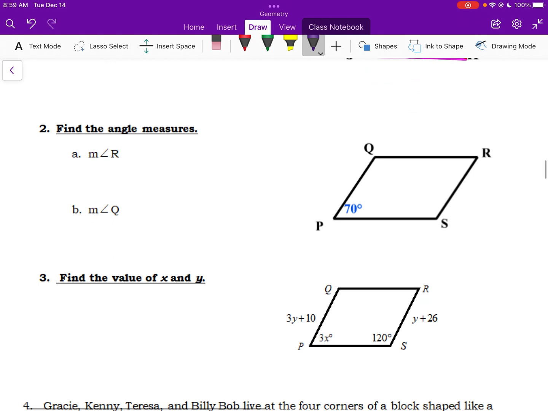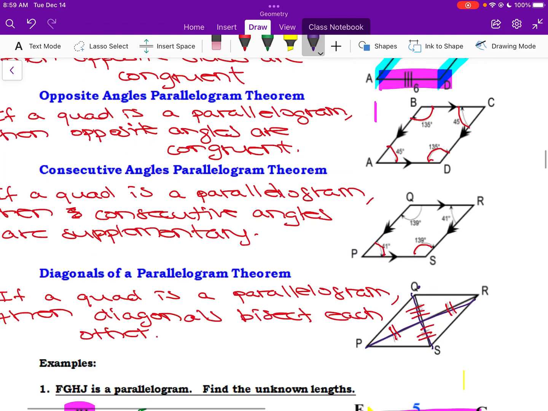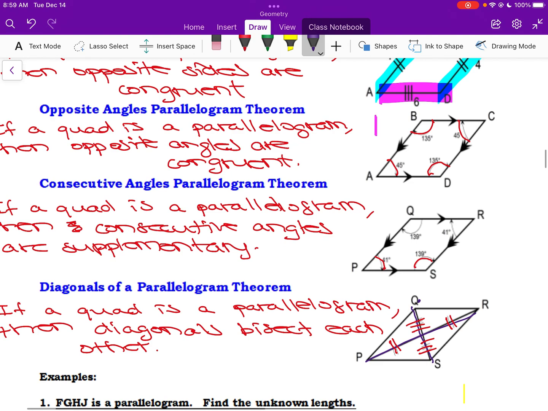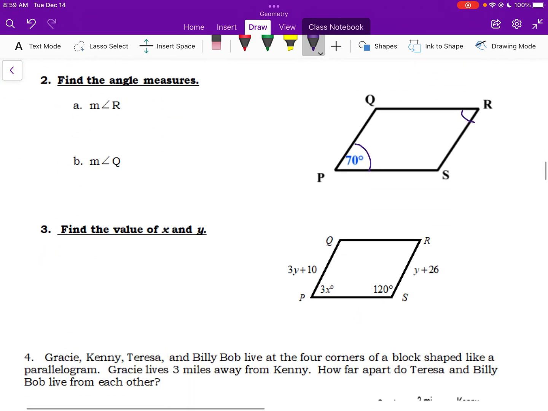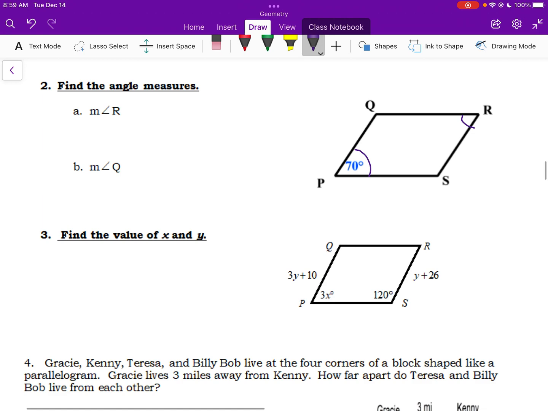Okay, we can use our properties in the context of angles as well. If they're asking us to find the measure of angle R, knowing that it's opposite angle P, and according to our opposite angles parallelogram theorem these have to be congruent, if they're across from one another, so this has to be 70 degrees as well. Angle Q is consecutive to angle P. These two are neighboring angles, and that means they're supplementary.